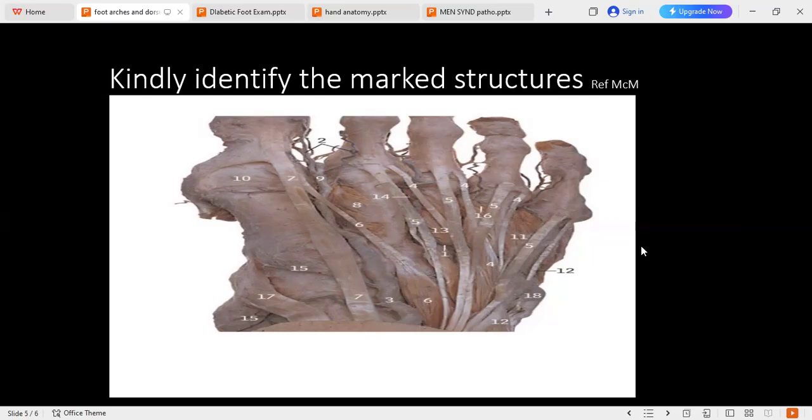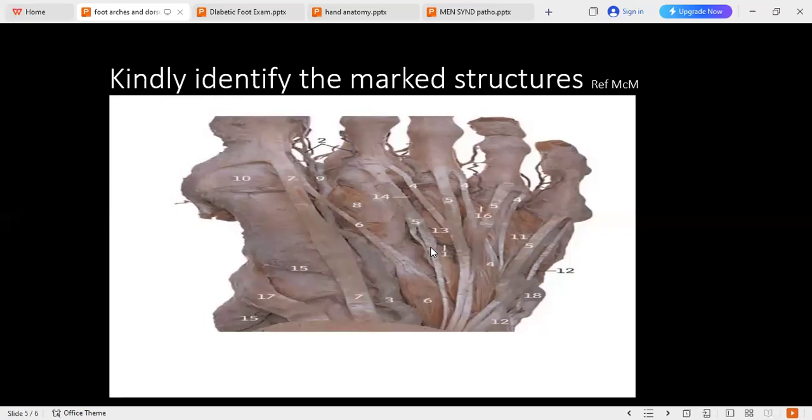Are you sure it's extensor hallucis longus? And what is the other? Extensor hallucis longus and extensor digitorum longus. Right. Would you be able to identify here where exactly?